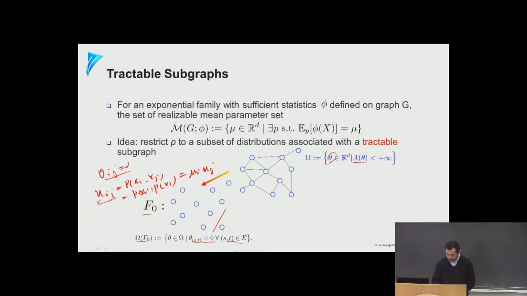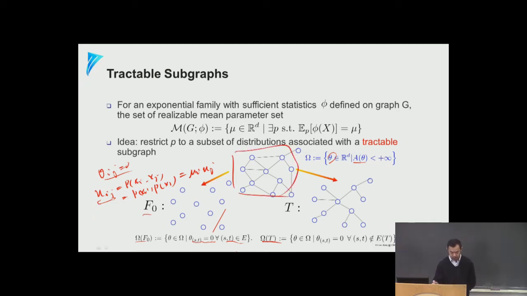Okay? And you can imagine you can have other subgraphs. For example, this is a subgraph where you just remove some edges and turn it into a tree. And that's defining another subspace. We are going to talk about that later. But you can always approximate a full original graphical model with a subgraph with some edges removed.